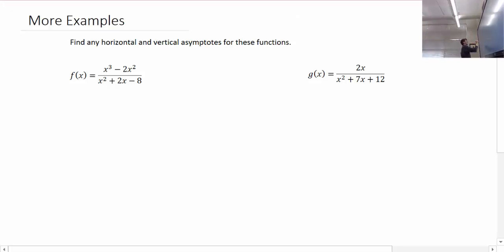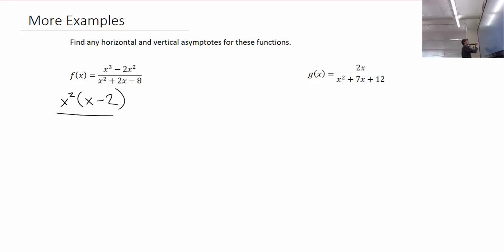So what we have here, we have x squared times x minus 2 up top. Down below, I can factor that, and I get x plus 4 times x minus 2. And what I can see is that I can simplify this.